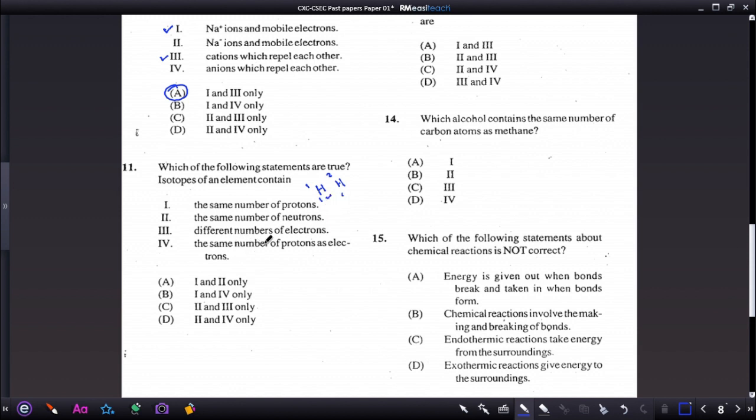The same number of neutrons, no. Different number of electrons, no. The same number of protons as electrons, yes. So again, which of the following statements are true? Isotopes of an element, they contain the same number of protons, yes. They contain the same number of protons as electrons. So it's 1 and 4, which is B.